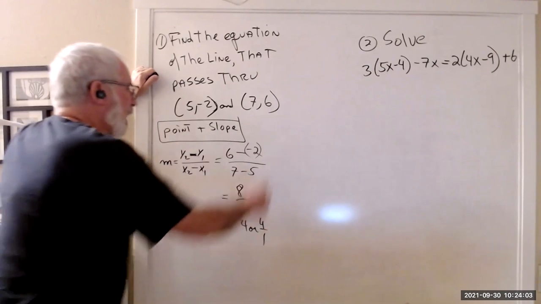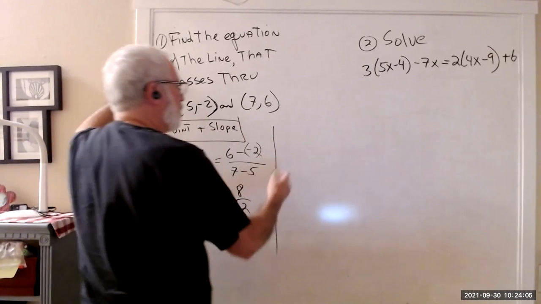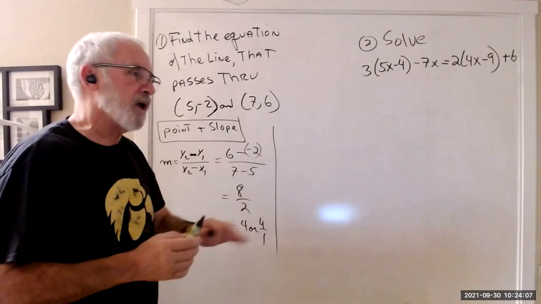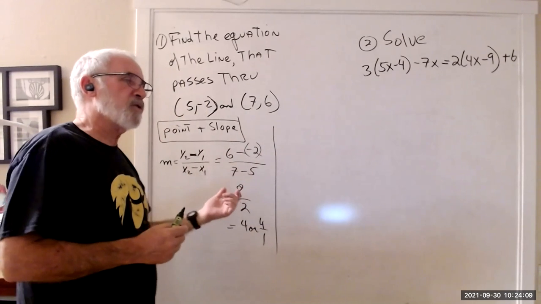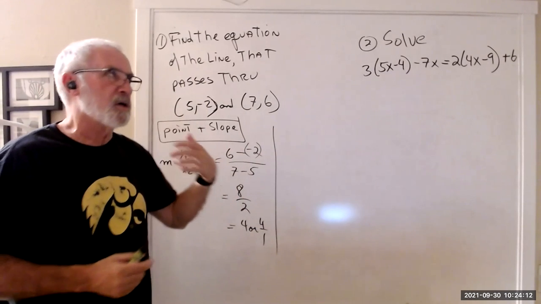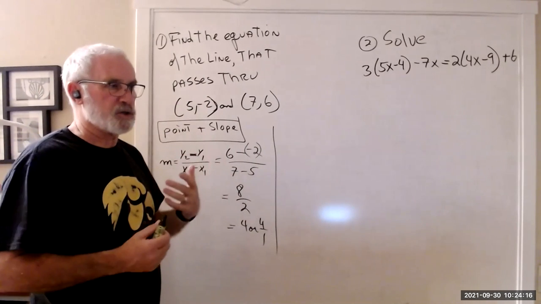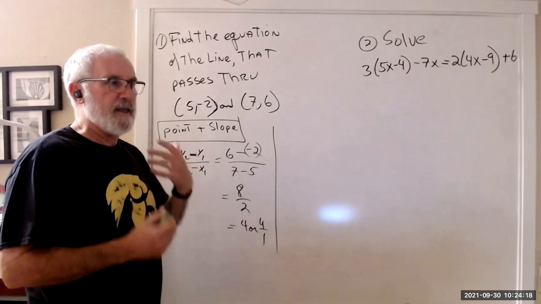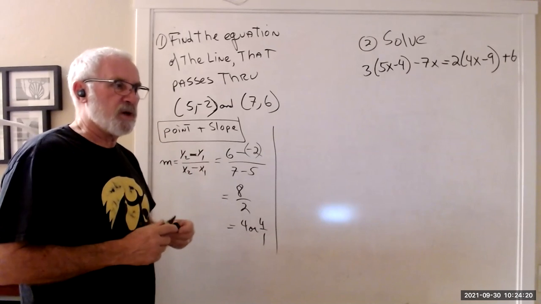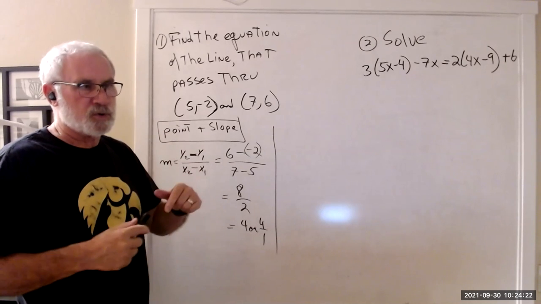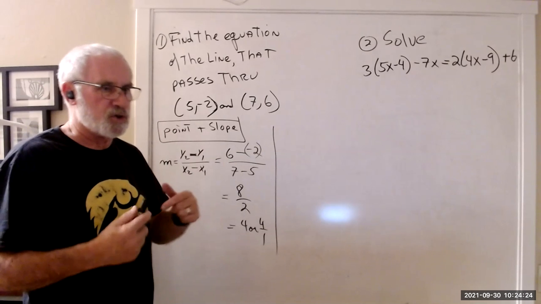All right, now I have to find the equation. Remember when I introduced this, I said there are probably 4 or 5 ways that are used across the world. The way I was teaching you is the way that most students and most teachers use.